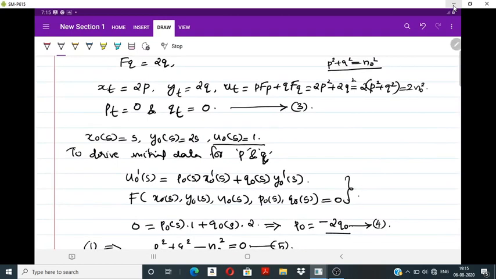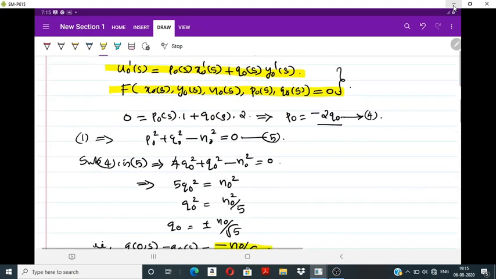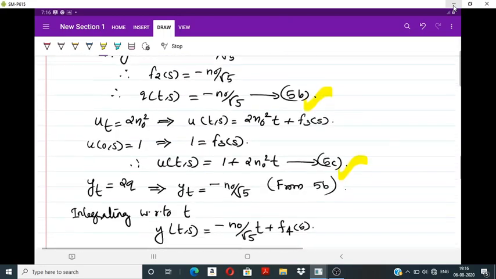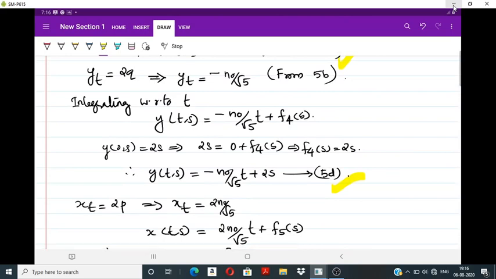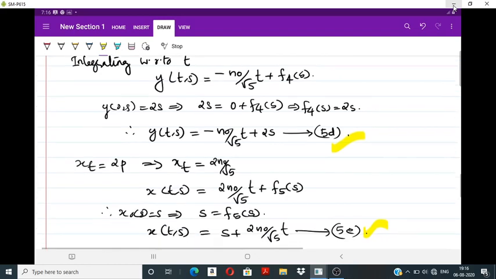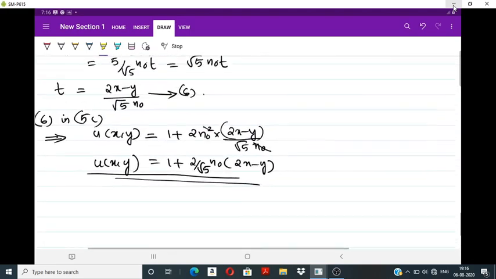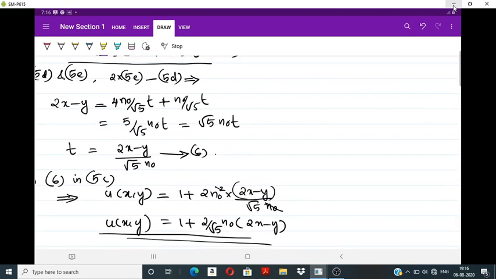So combining these two equations we can get the conditions for p naught and q naught, and using that we can form an initial strip, and then solving this we will get a characteristic strip, and then the solution integral surface in the t, s parameterization. Then invert the parameterization into x and y by making suitable arrangements. So this is the solution obtained.